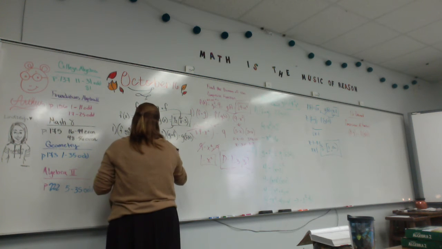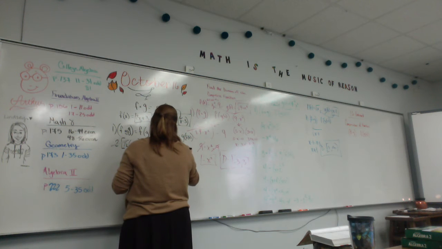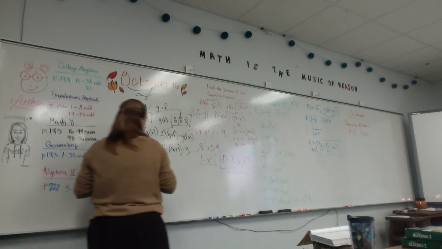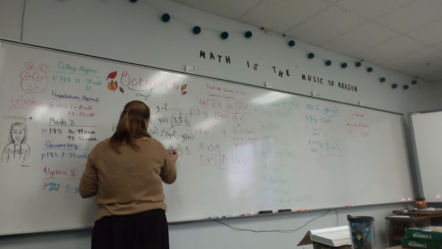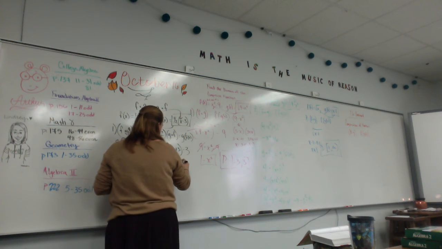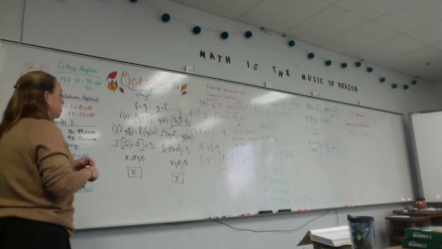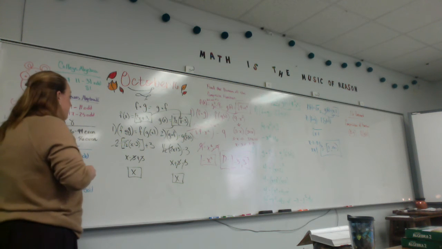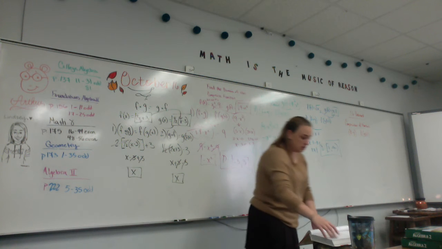So you get 1/2 of 2x plus 3 minus 3. 2 times 1/2 cancels again, giving me x plus 3 minus 3. They cancel, I get x. Those are inverse functions of each other. F composition g and g composition of f in this case are inverse functions.